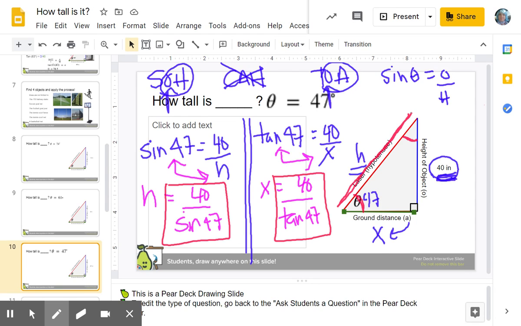So what did we get when we did sine, or 40 divided by sine 47? 54.7. 54.7 is the H for sure.